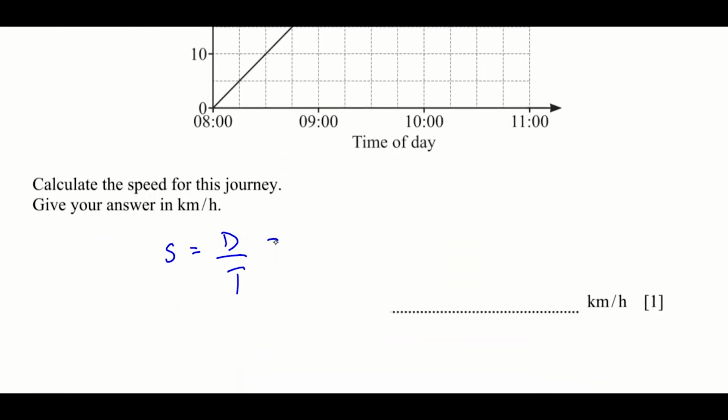So this will be 60 kilometers over the total time taken, from 8 o'clock to 11 o'clock. So from 8 to 9, that is 1 hour. 9 to 10, 2 hours. Then 10 to 11, so that will be 3 hours. Okay, so this will give us 20 kilometers per hour. So you put 20 here.